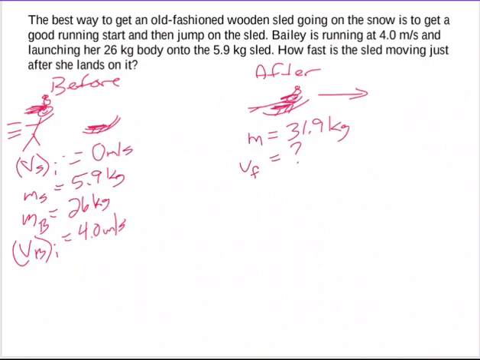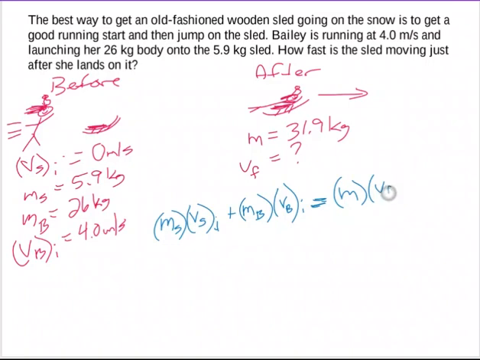So our equation would be ms times vs initial, which is the mass of the sled times the velocity of the sled initial, plus mass of Bailey times velocity of Bailey initial equals velocity final times the mass of the combined system.